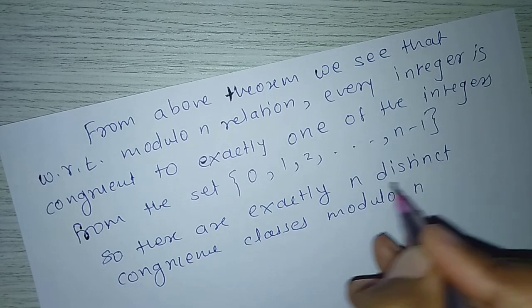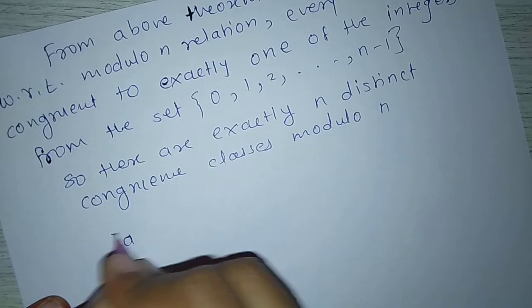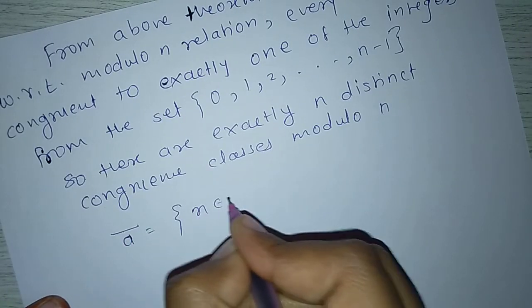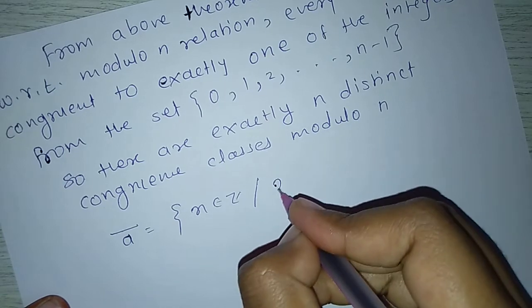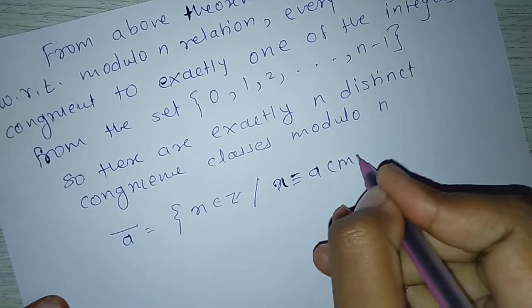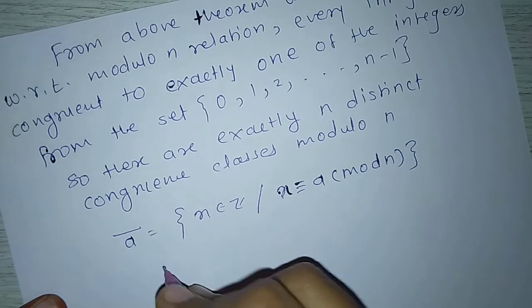We have a bar equal to the set of x belongs to Z such that x is congruent to a modulo n.